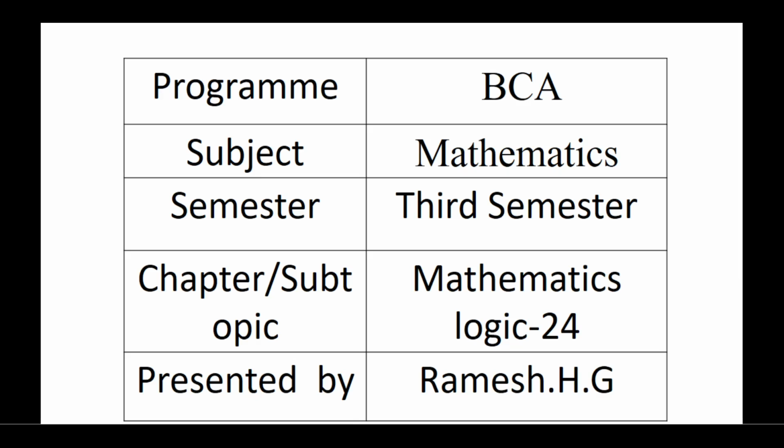The truthness of the proposition: if the statement is true, then its truth value is denoted by T. If the statement is false, its truth value is denoted by F. There are 5 important logical connectives in mathematical logic. One is conjunction.